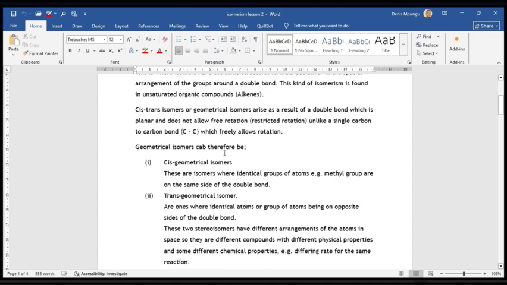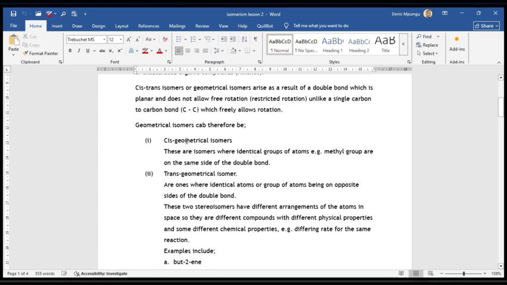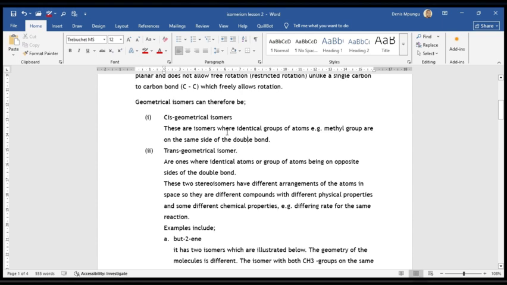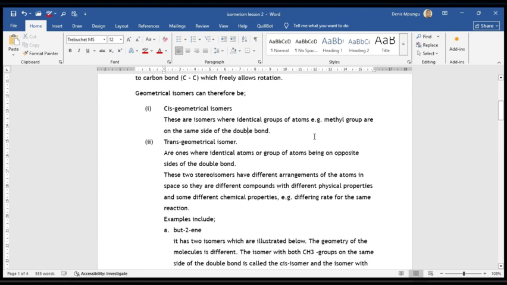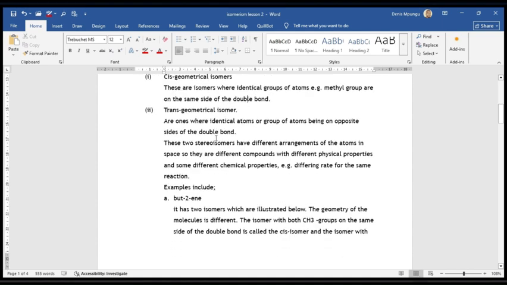Hope I've cleared that. So geometrical isomers, this one is N, you will change that in your notes, can therefore be cis or trans. Cis isomers are where identical groups of atoms, e.g. methyl groups, are on the same side of the double bond. Then trans, of course, they lie on opposite sides.